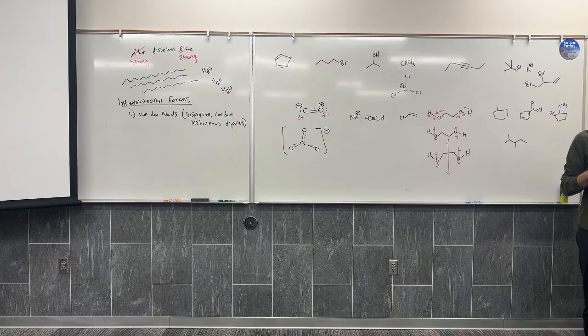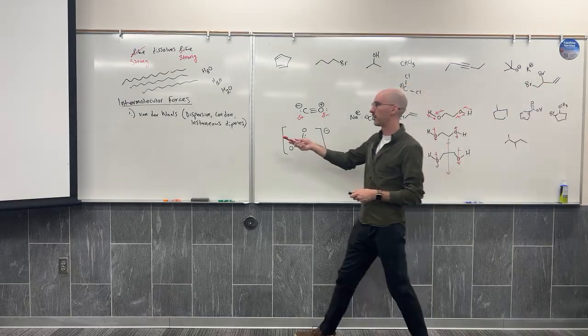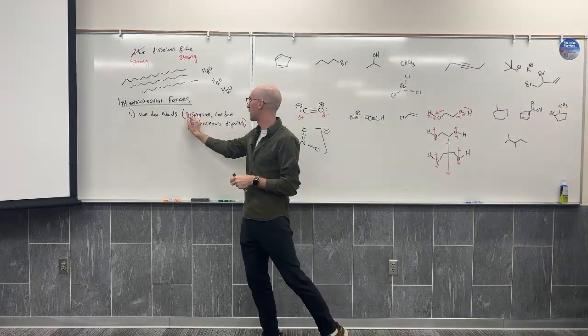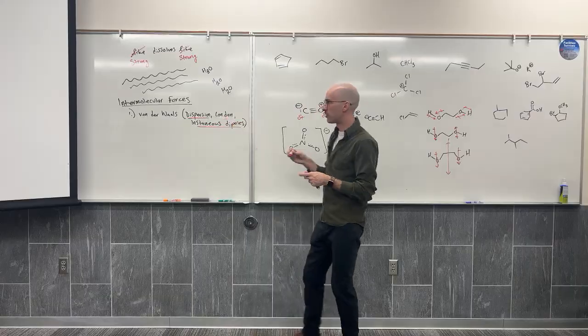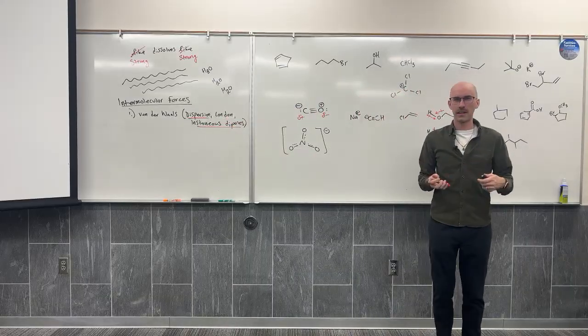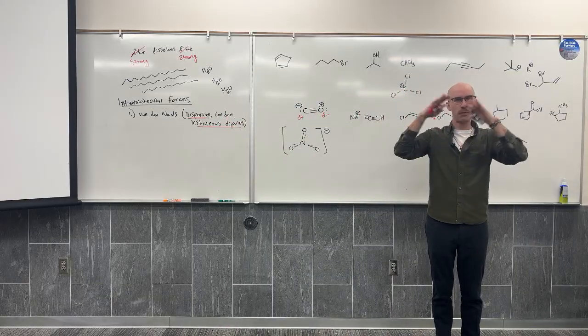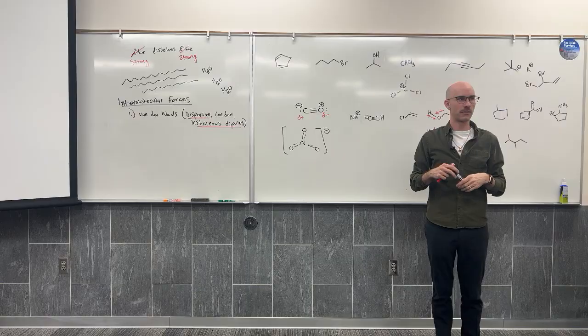Instantaneous dipole or dispersion would be the best name that doesn't rely on a dead guy. For the longest time, I thought London was talking about like University College London, but it's actually a guy, London. So I like these names the most, but I do go with van der Waals more often than not because it's prevalent in a lot of different scientific communities to call it van der Waals forces.